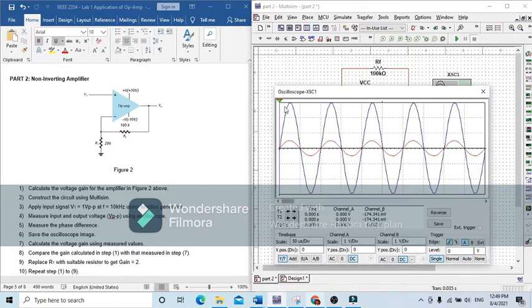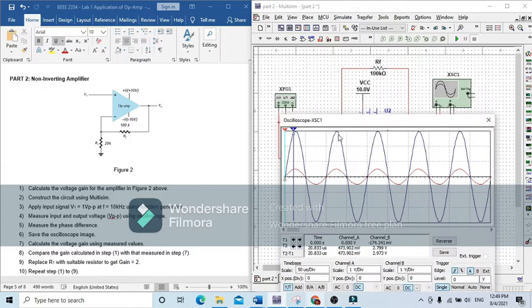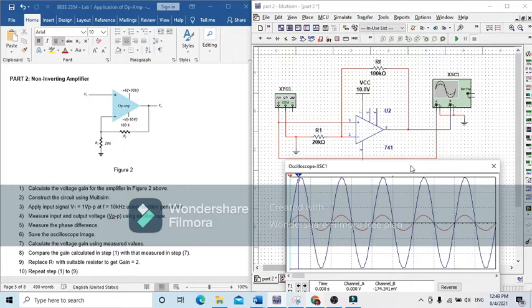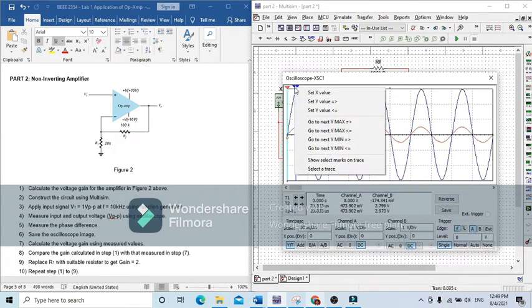This is how to measure the input and output voltage. The blue waveform is the output voltage, and the red waveform is the input voltage. So here we will measure.